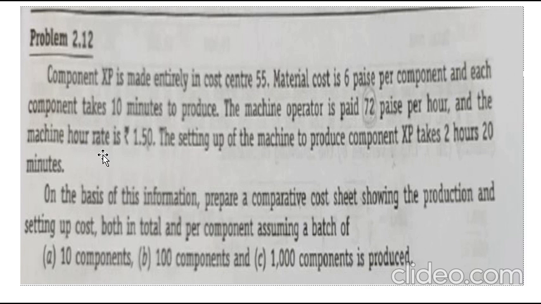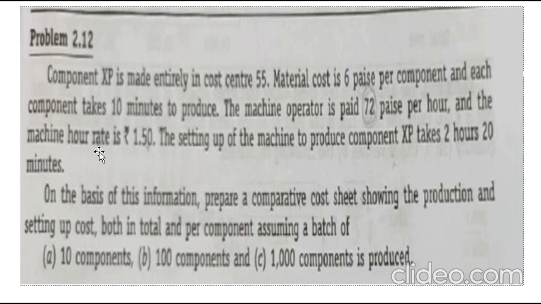And the machine hour rate covers other overheads incurred on the machine, other expenses apart from what the laborers are paid. The machine operator is paid 72 paise per hour, and this is the other expense. So the machine hour rate is rupees 1.50. This is the rate at which the machine is charged.